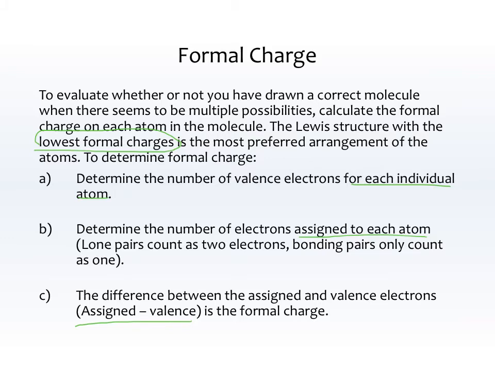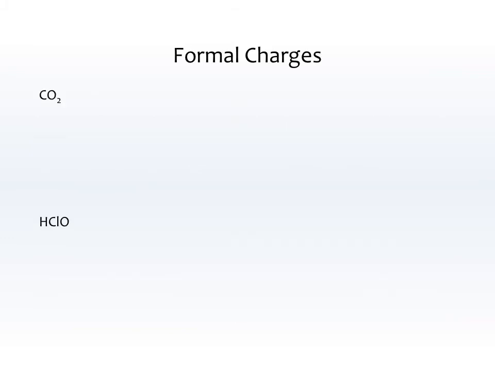Let's see an example. Okay, we've already drawn CO2 earlier in your notes, maybe rule 4. So I'm just going to take that picture that we already did. That was 4 plus 6 plus 6, which is 16 electrons. We had an OCO with lone pairs looking like this.